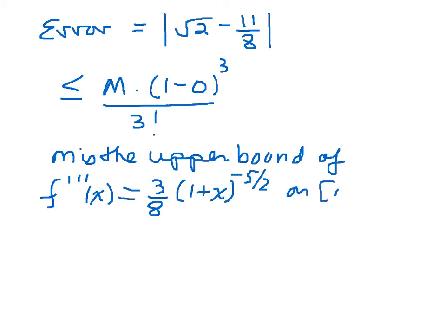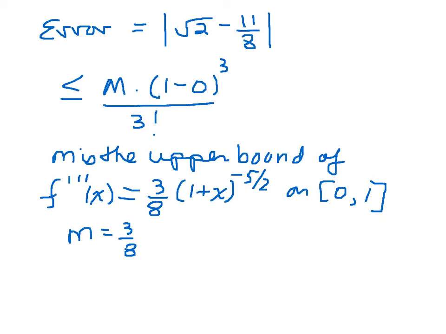And so since this is going to be in the bottom, to make it be as big as possible, we make that be as small as possible, and that will tell us that this value for m is just going to be 3/8. And so, let's just save us some room.